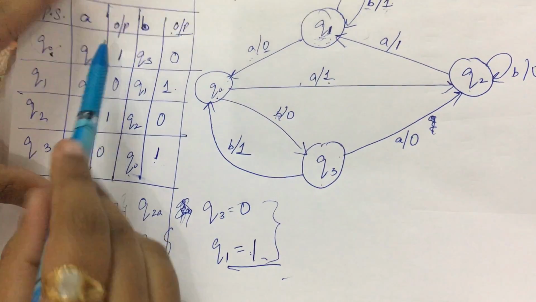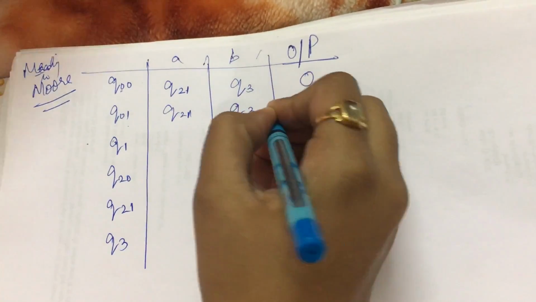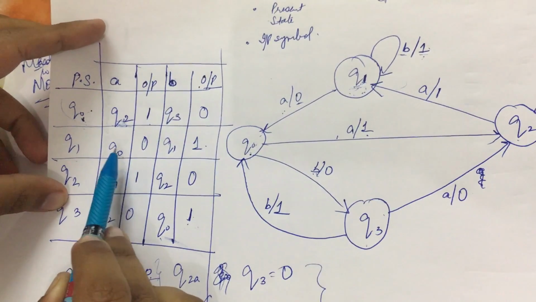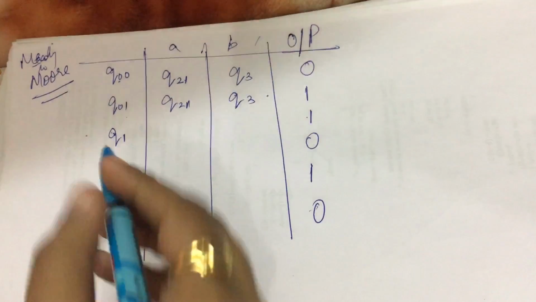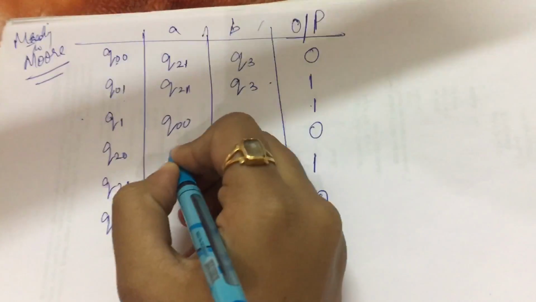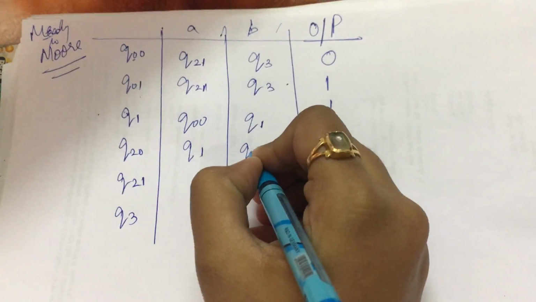Which had 1 as its output, that is Q2 1. And Q3. Now Q1 will give me Q naught, but which Q naught? The one for which we had an output as 0, that is Q naught 0. And similarly here Q1. Similarly we'll write down for this Q2 0.